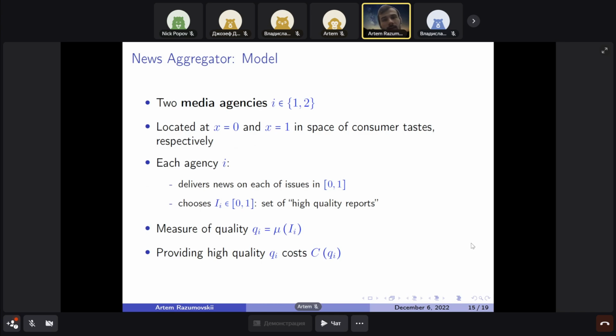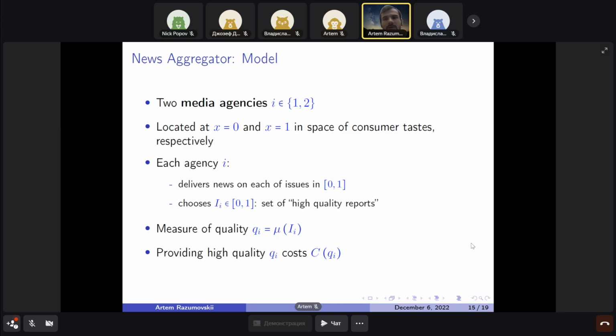And then it is costly to produce high quality news. Why would an agency not provide high quality for any topic?